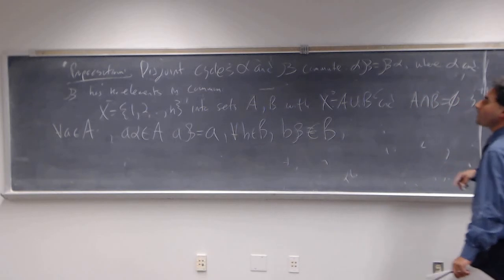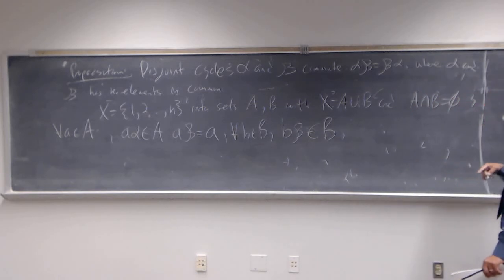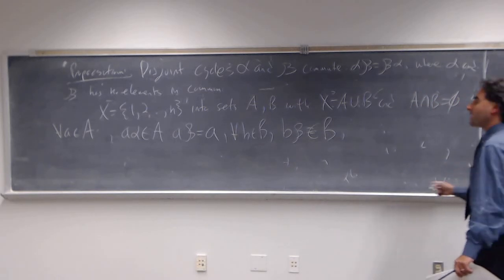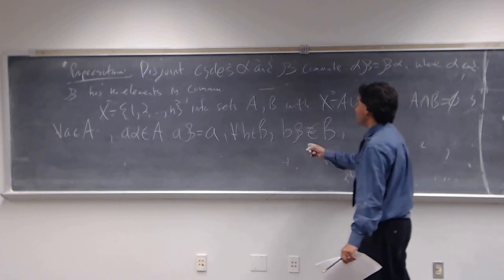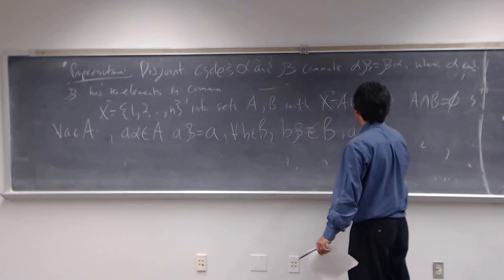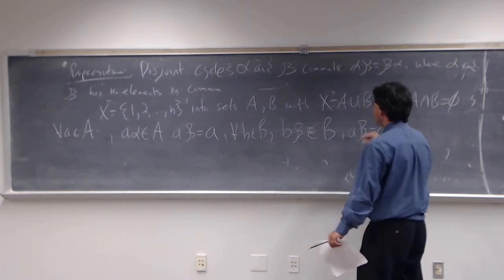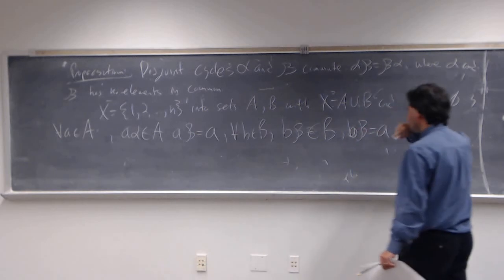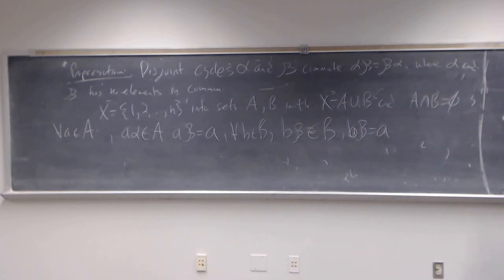So if you're an element listed in alpha, you can't be in beta, and that means beta must fix you. There's maybe some choice as to where the elements that are in neither go, but they'll hold in either case.